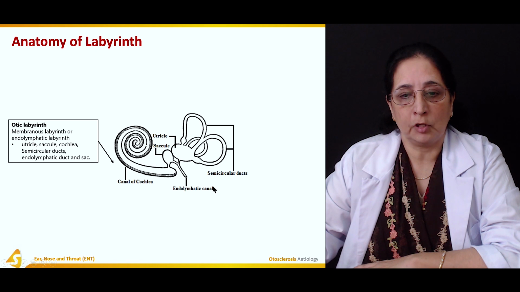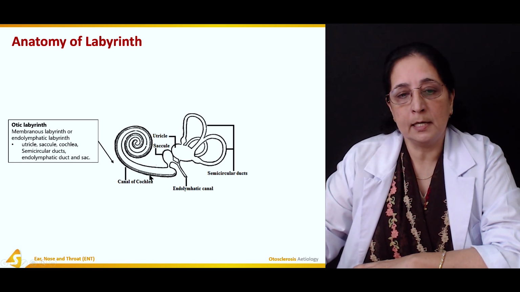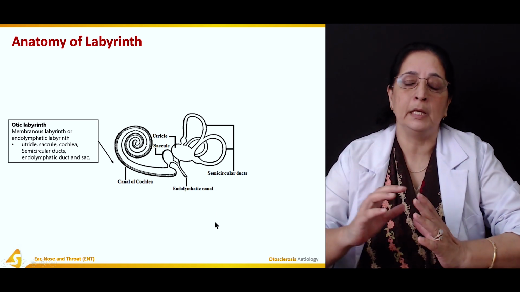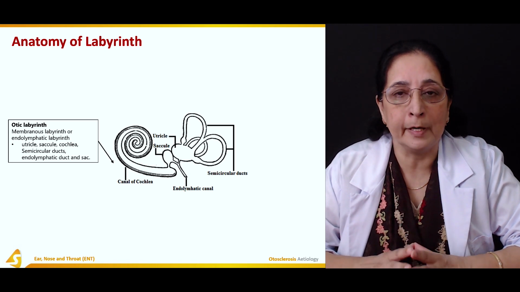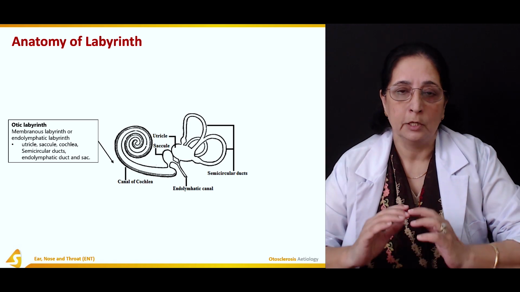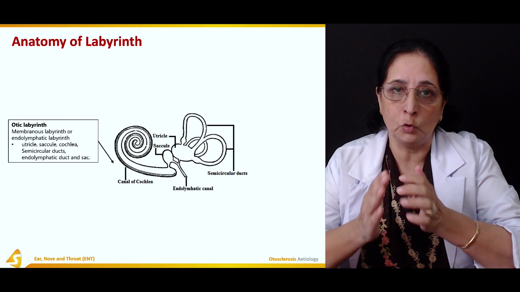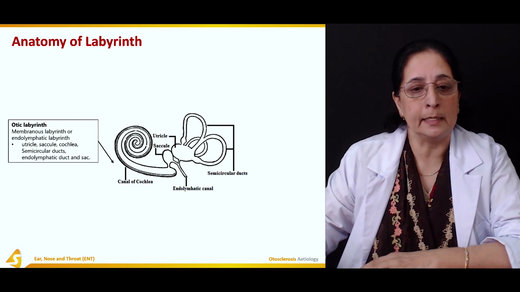So all these structures, saccule, utricle, cochlear duct, semicircular ducts, are the parts included in the membranous labyrinth. The other is the bony labyrinth. So the labyrinth or inner ear is roughly divided into two parts, bony labyrinth and membranous labyrinth.